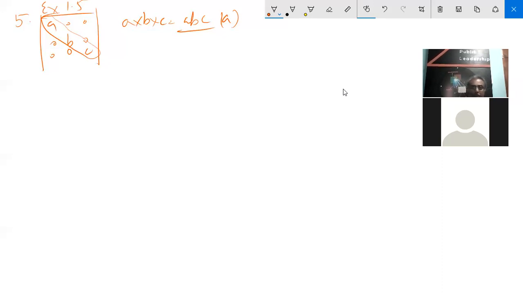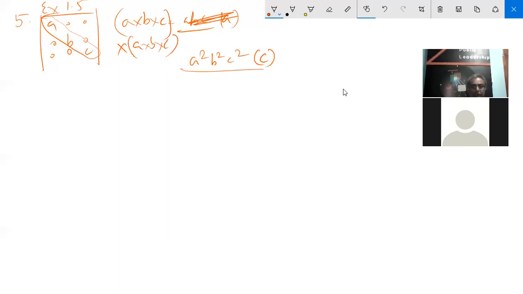Okay, so ABC into ABC, A squared, B squared, C squared. Correct. So the answer will be C. Once it is A into B into C, twice it is A into B into C into A into B into C. Okay, fine, so that is coming correctly.